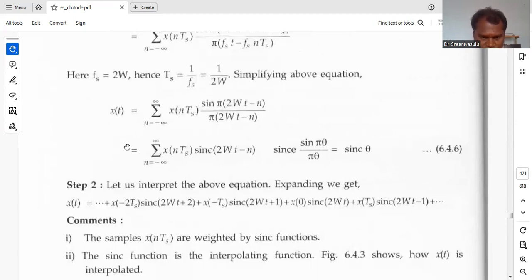So, if you observe the above equation, we will get an infinite number of sinc pulses, because whenever n is equal to 0, we are going to get x of 0 sinc 2Wt minus 0. It is the first sinc pulse at time t, n equal to 0.